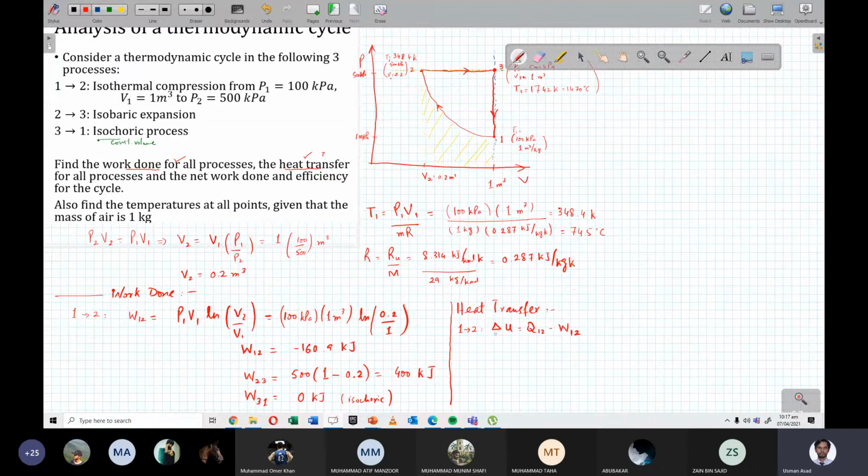The question is, for an isothermal process, will there be any change in internal energy? No, sir.